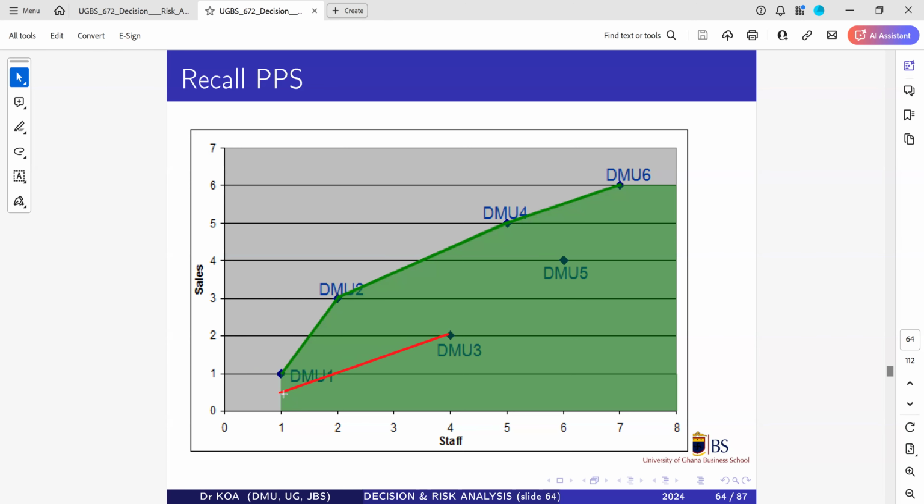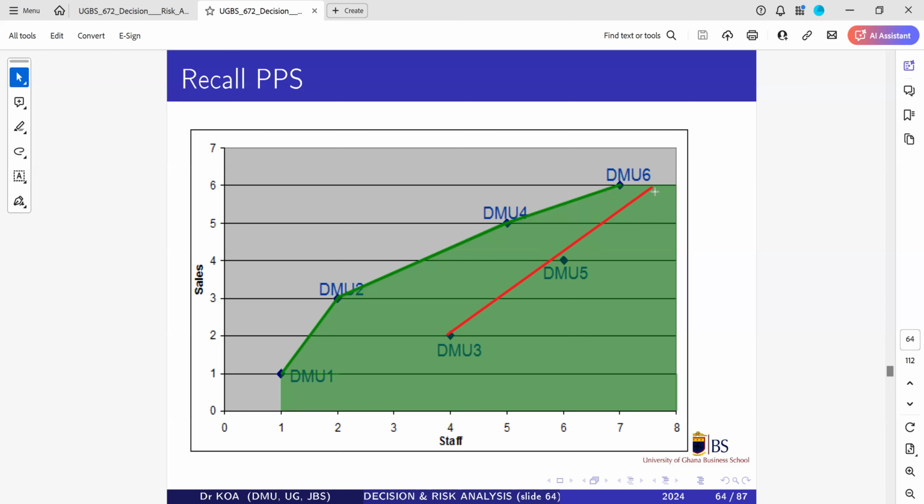So if this person is here, in between, say the middle, that person is still using one staff and producing 0.5 sales. So it means that DMU1 dominates whichever firm is here in between the origin and 1. So anytime you have a vertical section of the production possibility frontier, and at this side too, a pure horizontal section, it means that the firm is not fully efficient.